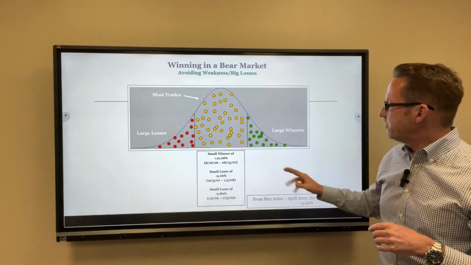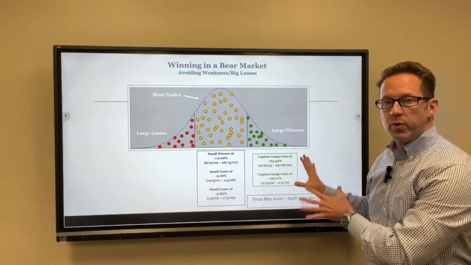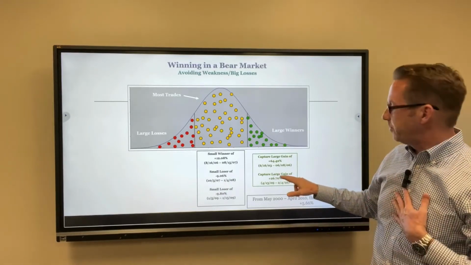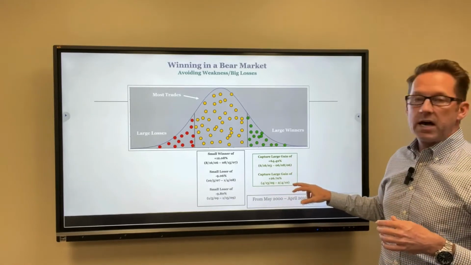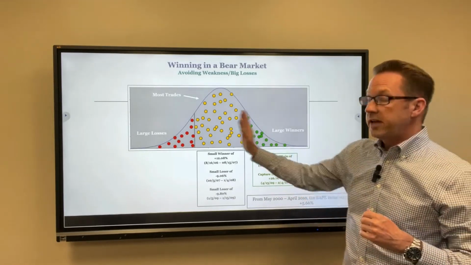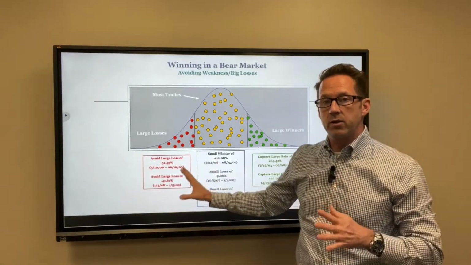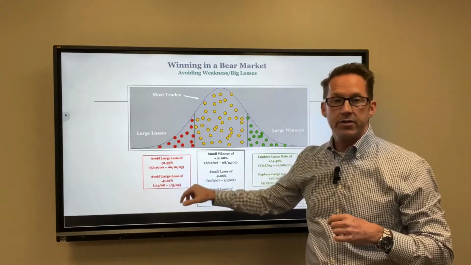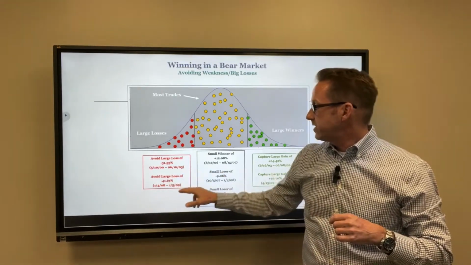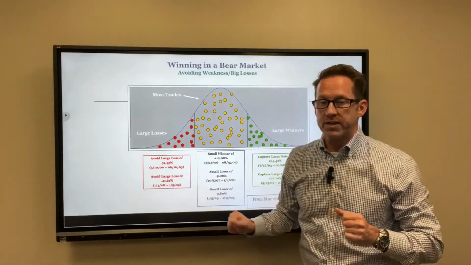About 16% fall on the large winner side, the period from 2003 to 2006 and 2009 and 2010. The other 16% are very large losses. From 2000 through 2003 the market was down 31%, and 2008 through 2009 it was down 41%.